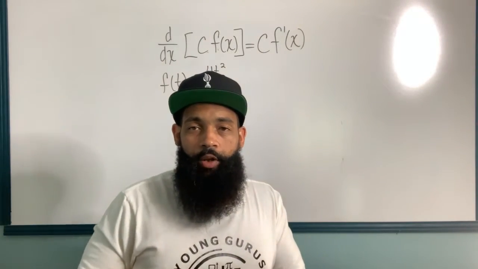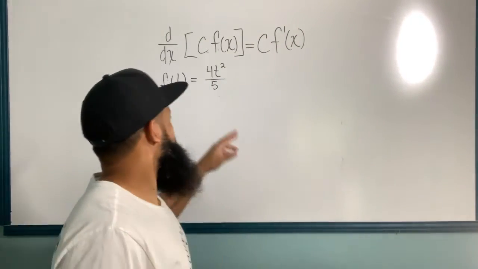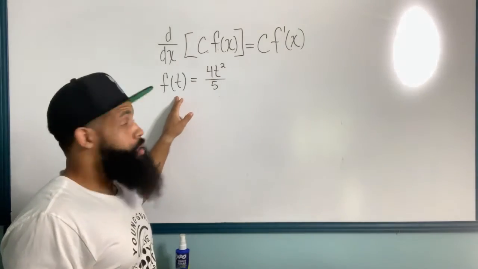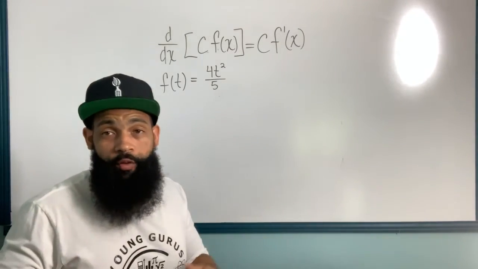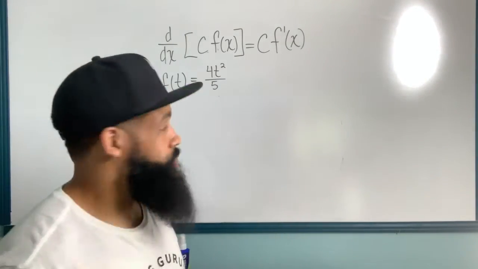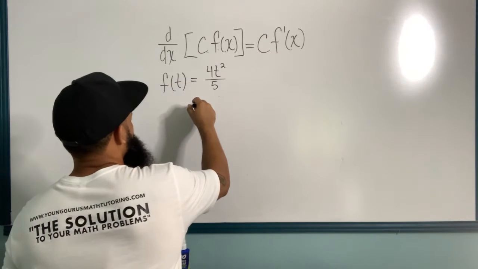In this next example, we have a different function. So we have the function f of t, which is equal to 4t squared over 5. And we want to break this apart and find the derivative. So what I want to do is rewrite this, right?